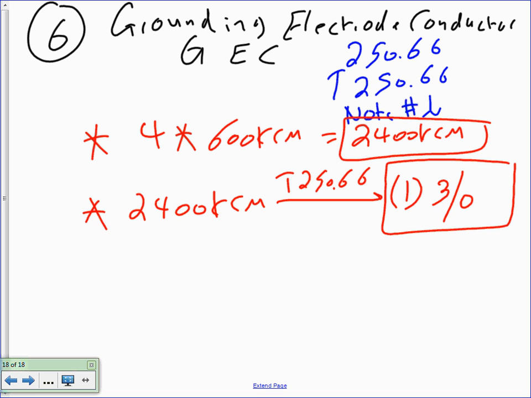1 conductor, 3 aught. Now, is it wrong to pull 500 kcmil like some engineers will do for lightning and other things? No, that's your minimum. I get a question all the time, guys, from students who graduate and find them pulling 4 aught instead of 3 aught. Chad, the code says 3 aught. Remember, 3 aught is the bare minimum.